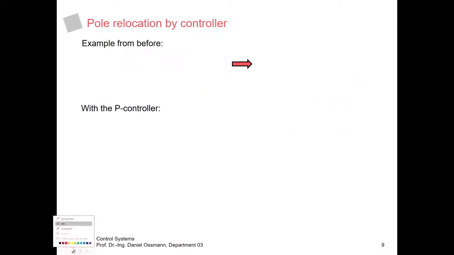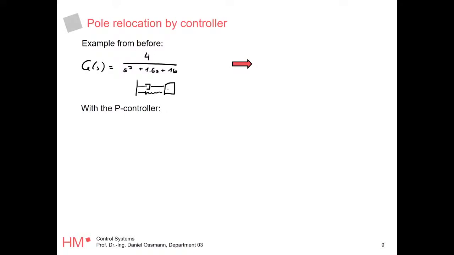Okay, let's take our example from before. It was this PT2 system, a spring mass damper, where we had 4 over s squared plus 1.6 s plus 16. Remember, this can, for example, be a simple spring mass damper system. PT2 is a classical mechanical system where this simply oscillates, right?